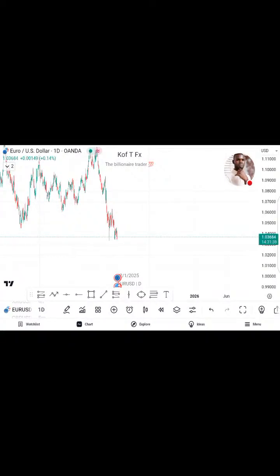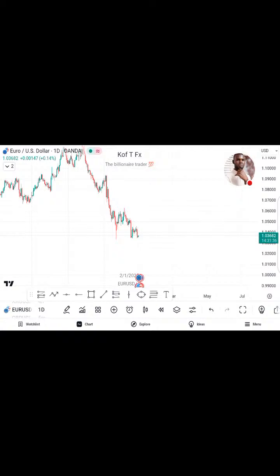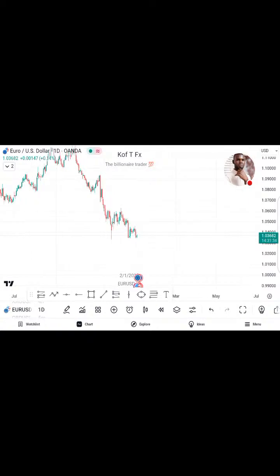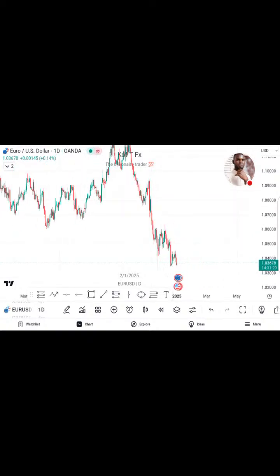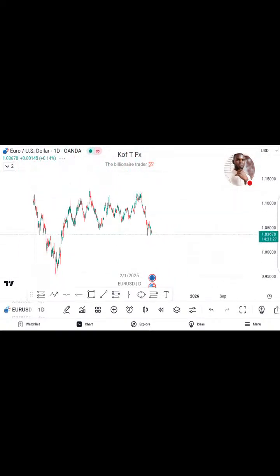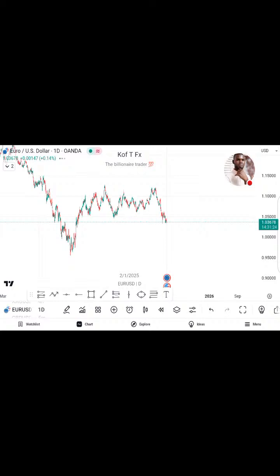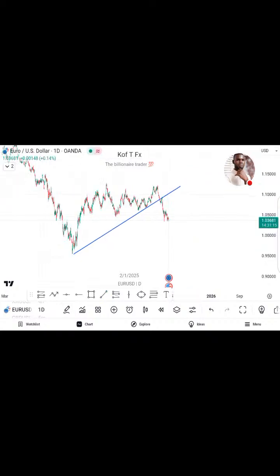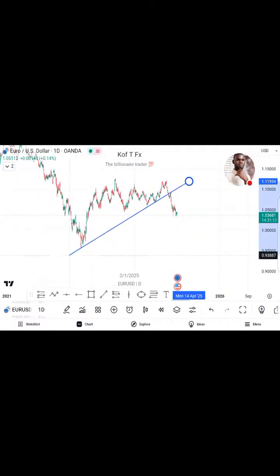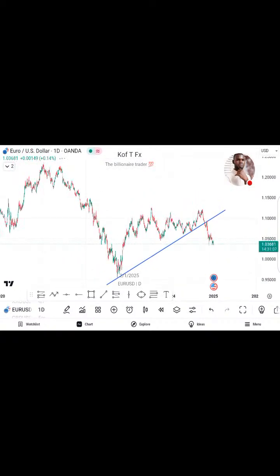This is the daily time frame. If you look at this, just take a look. This daily time frame, and look at this.